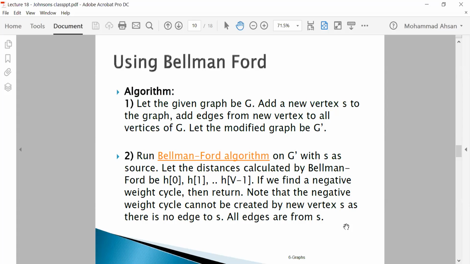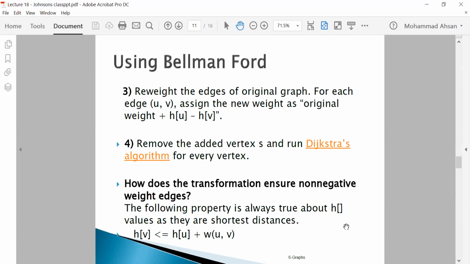Bellman-Ford is a single source shortest path algorithm to all the vertices of the graph. So our source is the newly added extra node, and we run Bellman-Ford and calculate the distances. These distances will be the new weights of the vertices.